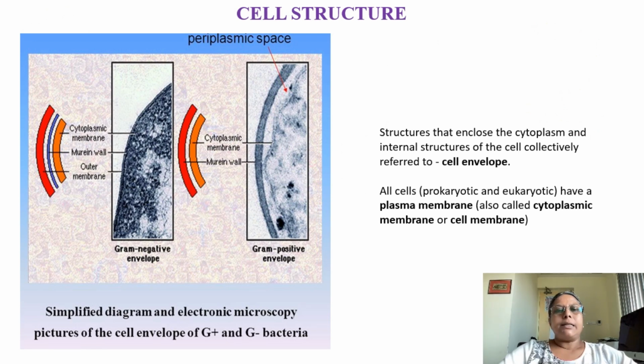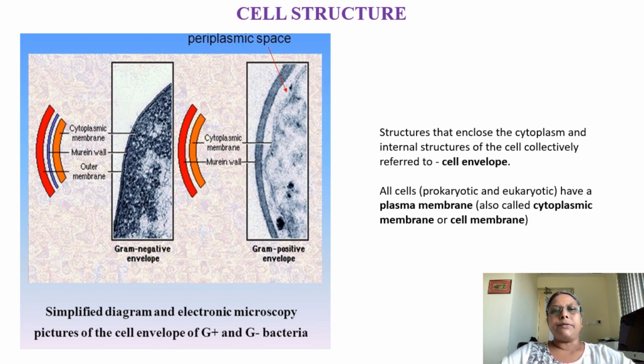Now, coming to the cell structure, in prokaryotic cells, the structures of the cell envelope vary depending on the type of cell and organism. Most, but not all, prokaryotic cells have a cell wall, but the makeup of this cell wall varies. The electron microscopy images of the gram-negative and the gram-positive cells show electron-dense layers, which are separated by less dense space, the periplasm.